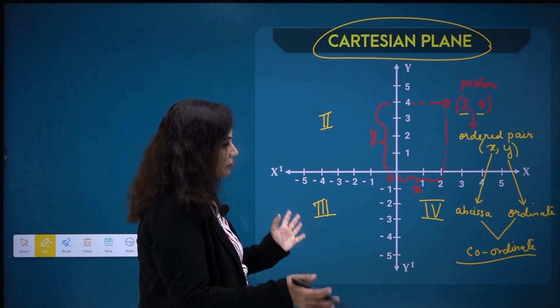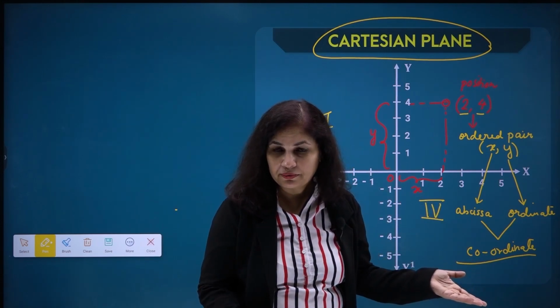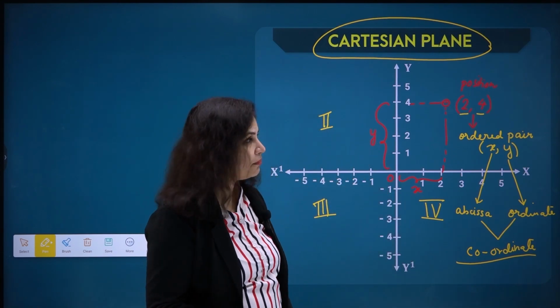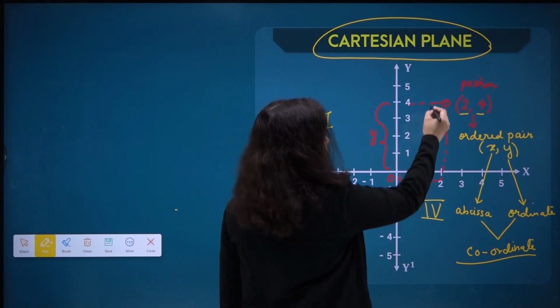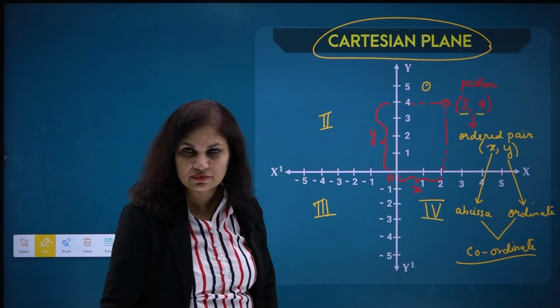Now we know what an ordered pair is. So each quadrant will have an ordered pair. In the first quadrant, suppose I choose this point.